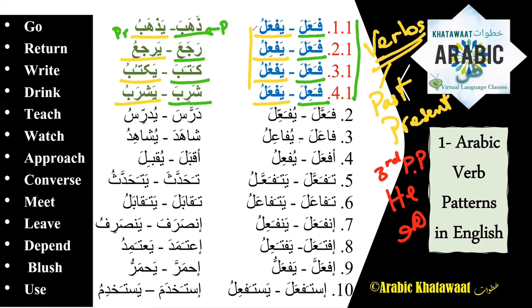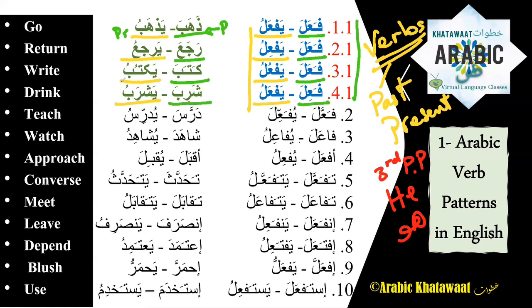This is form 1, and the conjugation helps you determine how to sound the verb once you conjugate it to the rest of the subject pronouns. If you're saying I do, he does, she does, you are keeping the same sound at the end. So يكتب, أكتب, تكتب, تكتبين, يكتب.